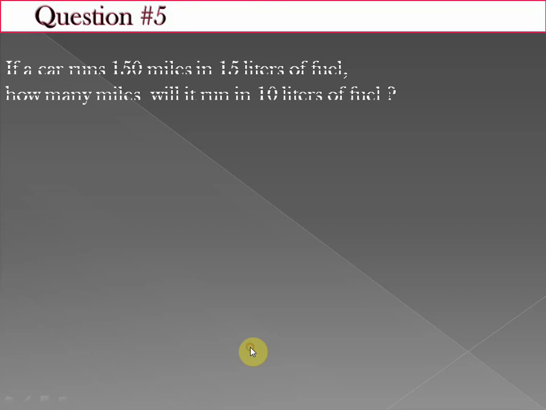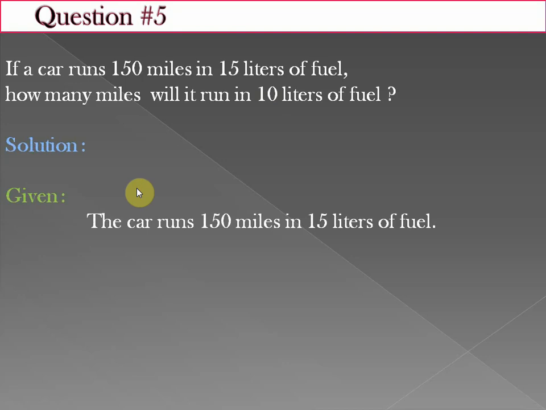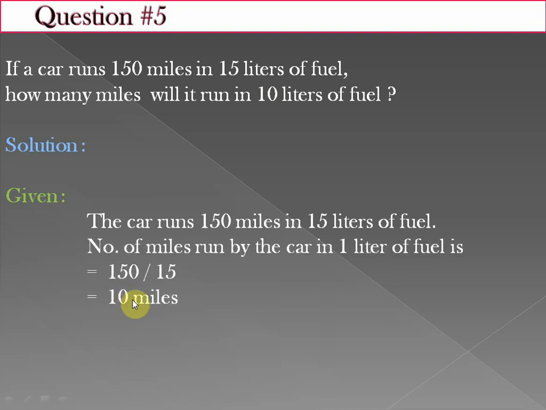Next one, question number 5: if a car runs 150 miles in 15 liters of fuel, how many miles will it run in 10 liters of fuel? This is another real life example. First we have to calculate how many miles the car runs in 1 liter.